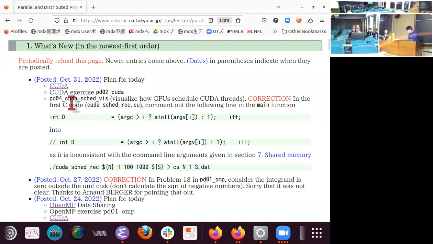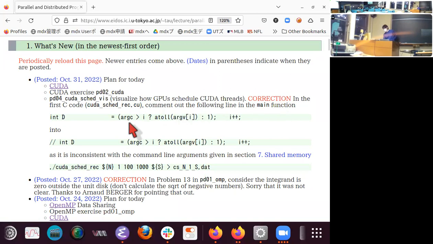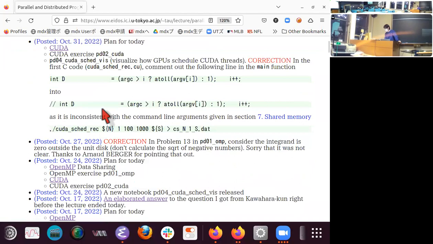The other notebook I just gave is for the purpose of visualizing how GPUs actually work. There is a small correction on the notebook, so I will come to this later when you have a chance to work on that.